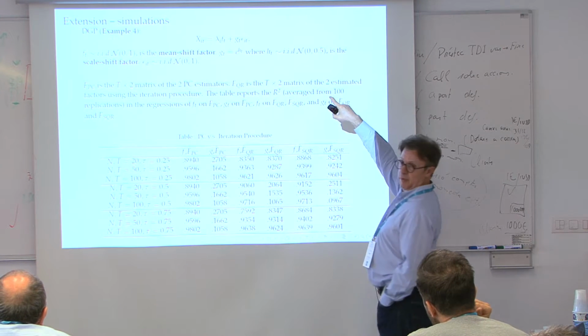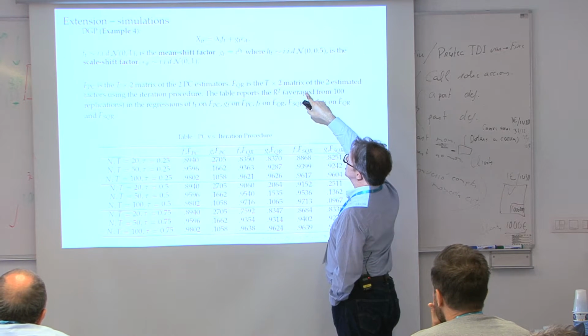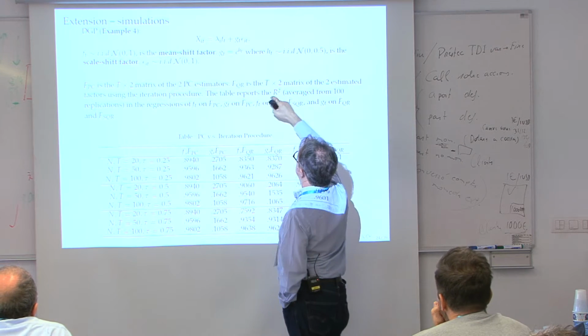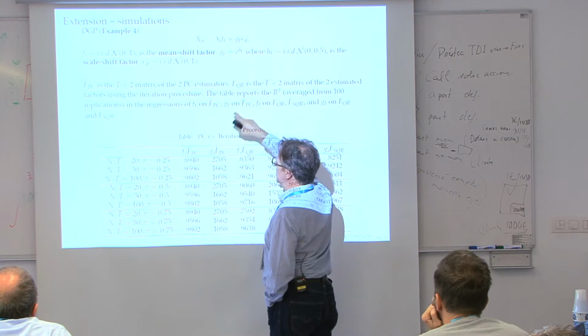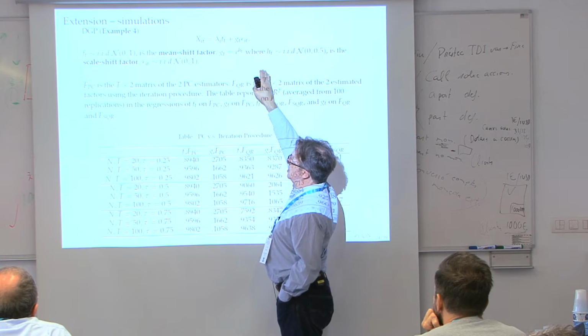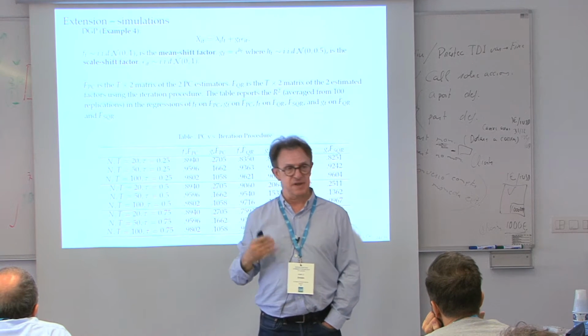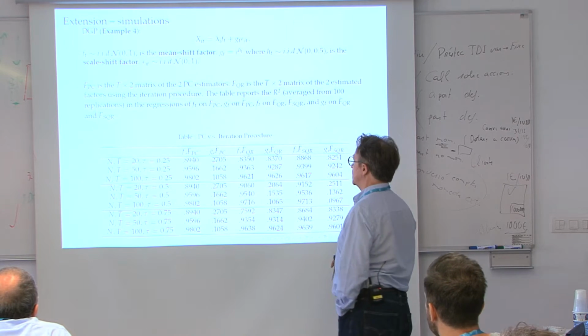Let's assume I have this location-scale model. Again, we generate G_t with an exponential, and we run, for this simulated series, the two-stage procedure and then the quantile regression, the iterative procedure, until it converges.